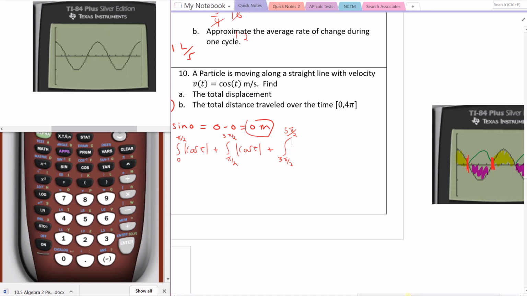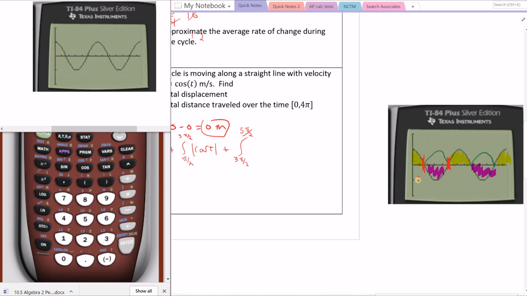So pi over 2 is when it starts being negative, 3 pi over 2 is when it starts being positive again, and this is 5 pi over 2. The last one we need is at the end, 4 pi minus pi over 2, which is 7 pi over 2. So the last one would be 5 pi over 2 to 7 pi over 2.